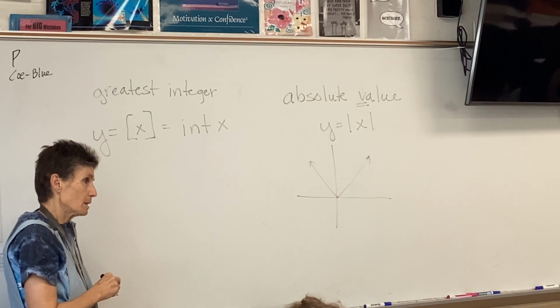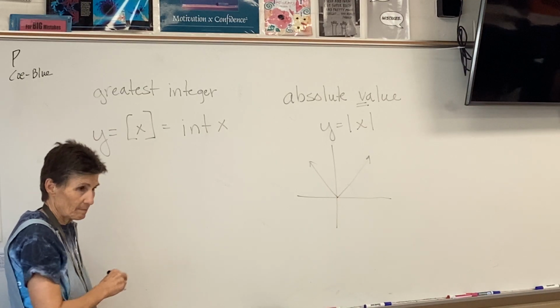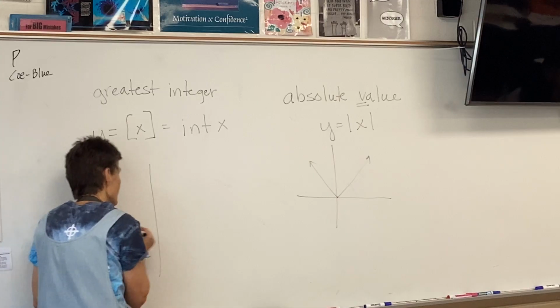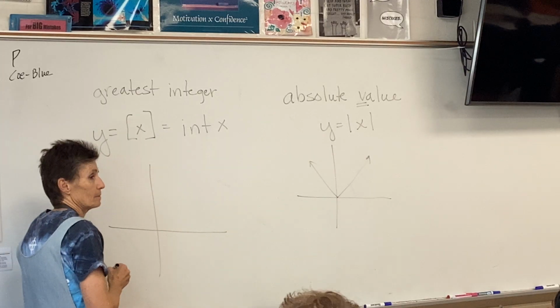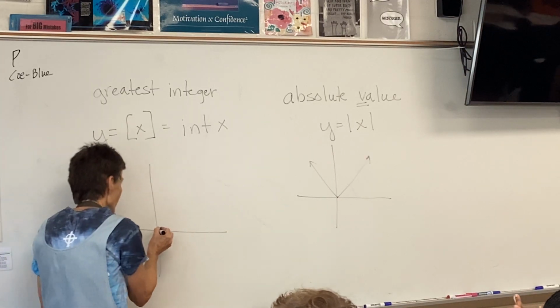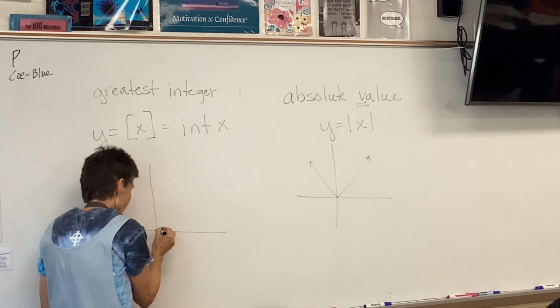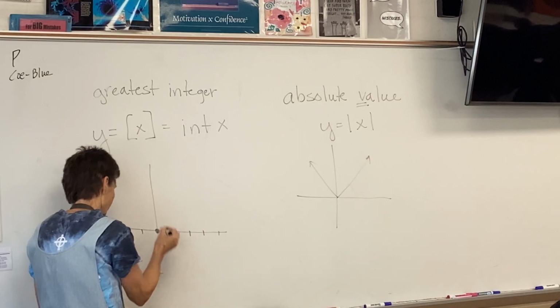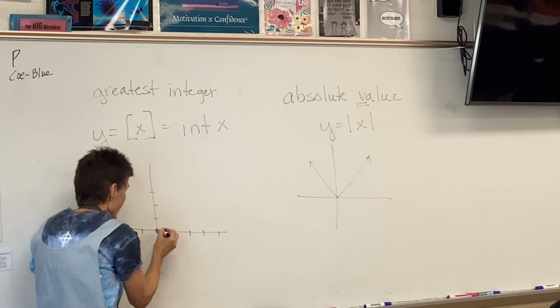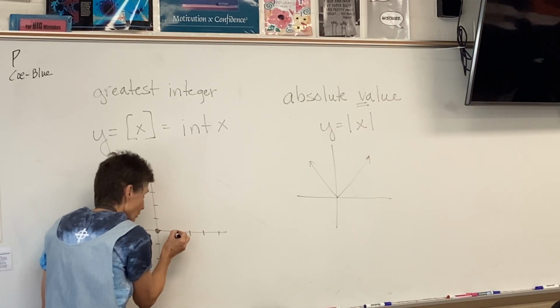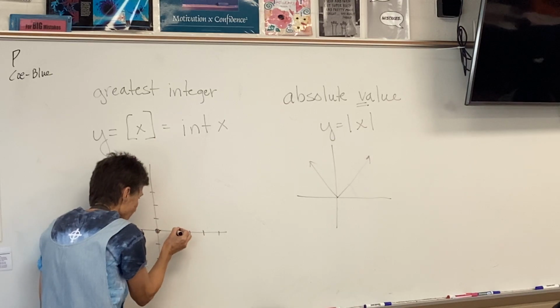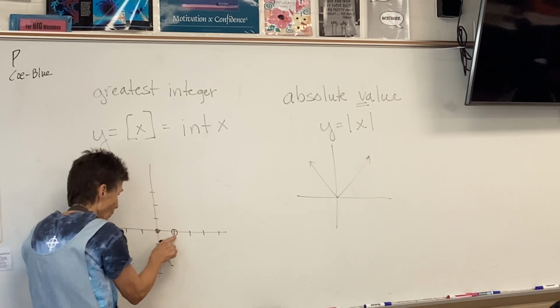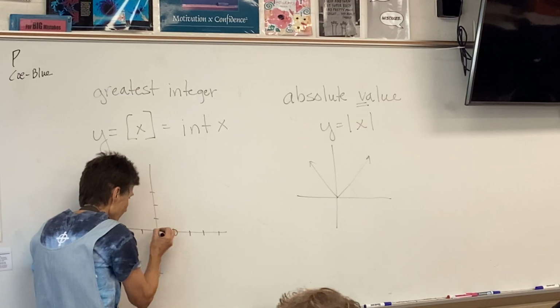Now, are we ready to graph it? This one's tricky, right? So we put a dot at the origin. And we color in, straight across one step here, straight across here. Put an open dot there, one over, and then color that in.